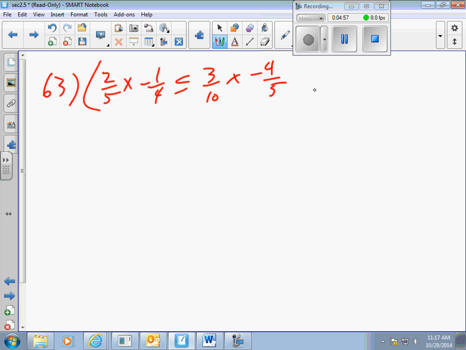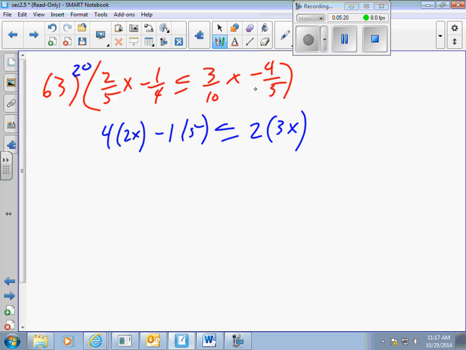Again, we're going to be multiplying by the common denominator, which in this case I believe is 20. 20 divided by 5 gives me 4 times the top. 20 divided by 4 gives me 5 times the top. 20 divided by 10 gives me 2 times the top. 20 divided by 5 gives me 4 times the top.